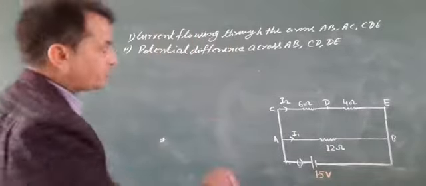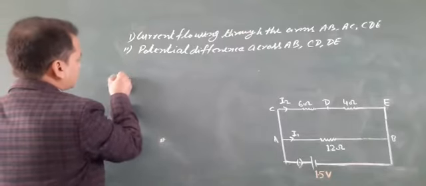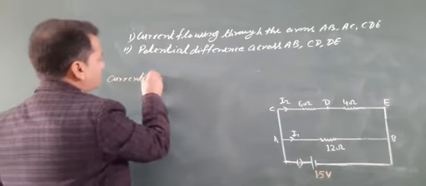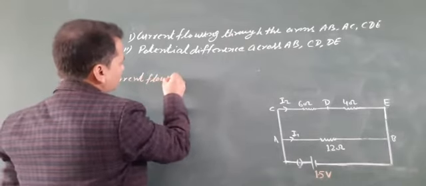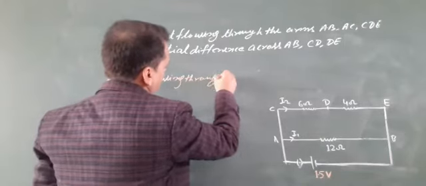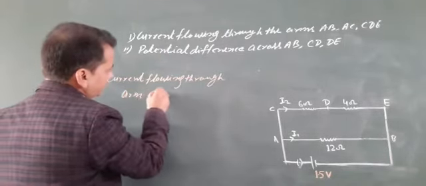So here, the current flowing through arm AB.